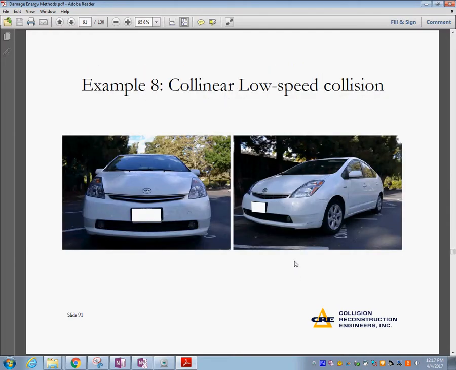Okay, here an example. This collinear low-speed collision. Low-speed collisions are an interesting phenomenon because people tend to think that you have to have a high-speed collision to get injury, and actually there are low-speed collisions that produce injuries. All right, that's important to know. And remember, low-speed collision could occur in the elastic range.